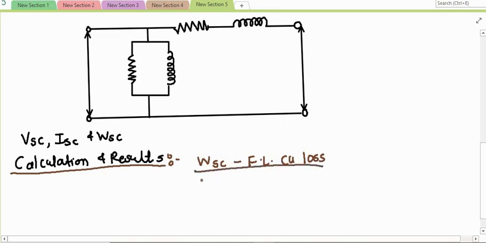The voltage applied across the primary winding of the transformer is very, very small. So the flux density in the transformer core is also small, right?